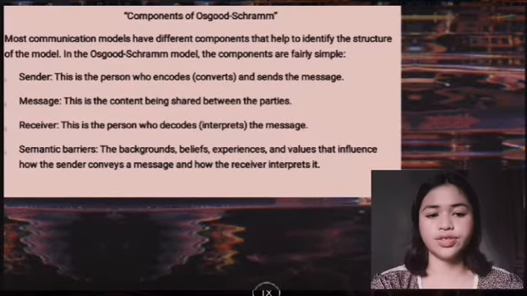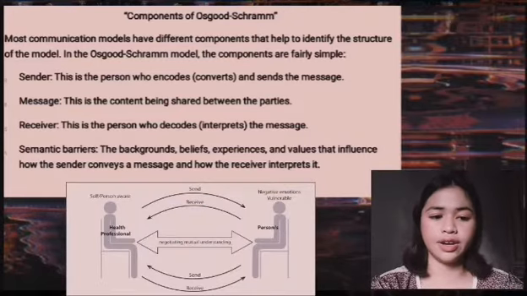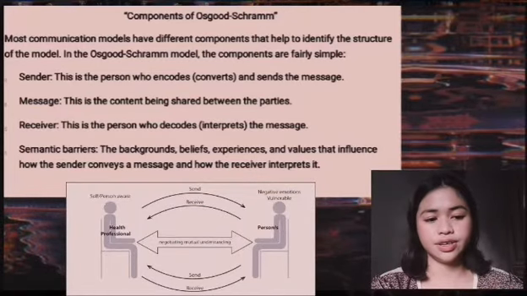Components of Osgood-Schramm. Most communication models have different components that help to identify the structure of the model. In the Osgood-Schramm model, the components are fairly simple. There are four components: the sender, message, receiver, and semantic barriers. First is sender. This is the person who encodes and sends the message.